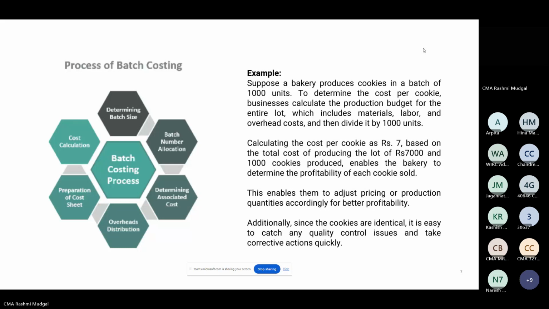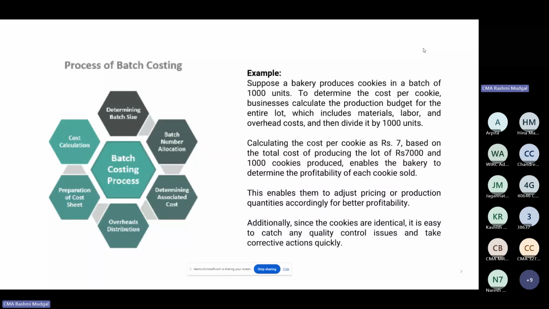Then we decide the number of batches for the organization. For example, one day we can make one batch, or we can make two batches. So if we are able to make two batches per day and we are operating 300 days in a year, we can run 600 batches. If all the factors remain the same, we determine the associated cost in every batch and the overhead distribution.